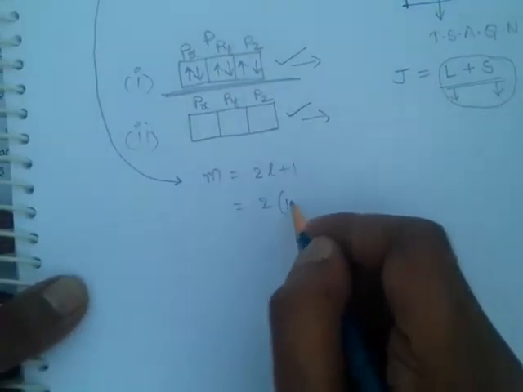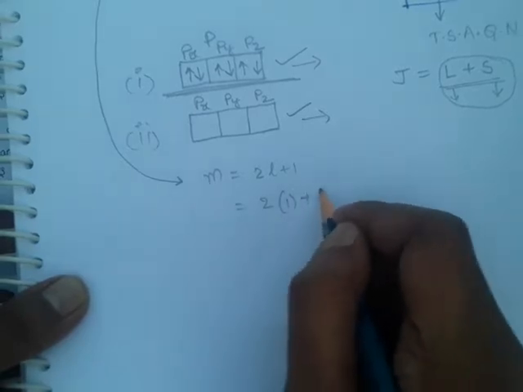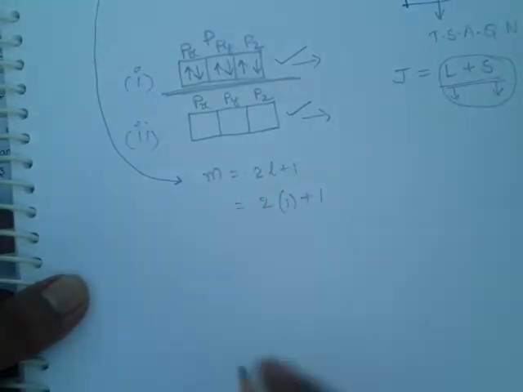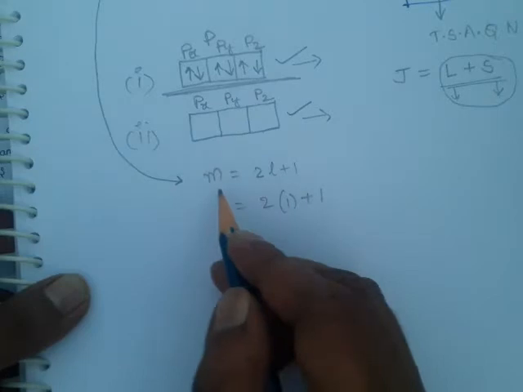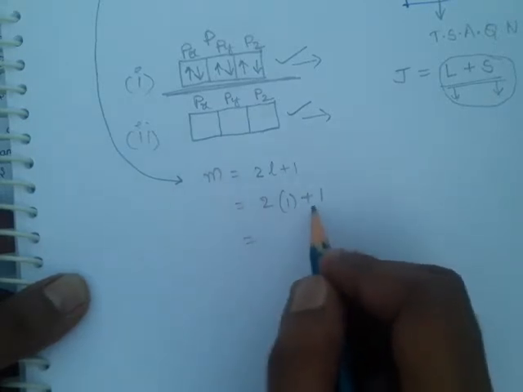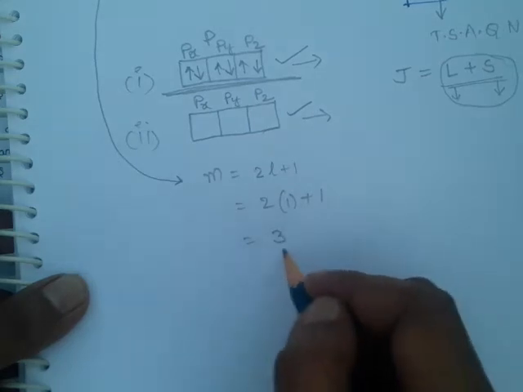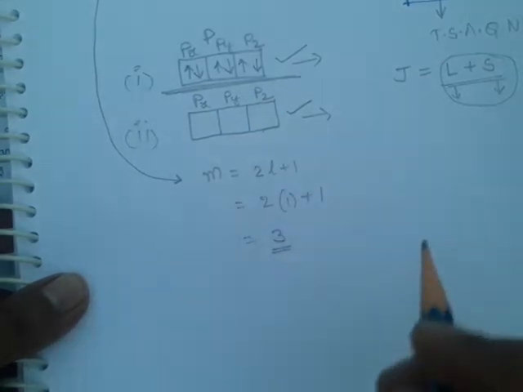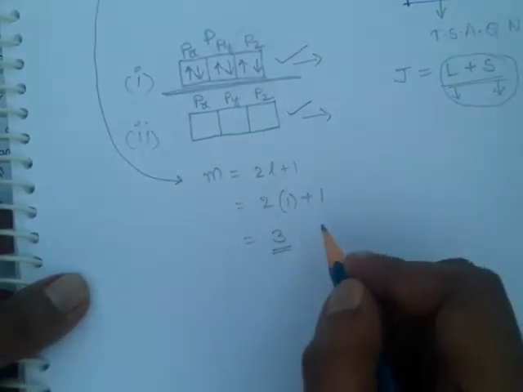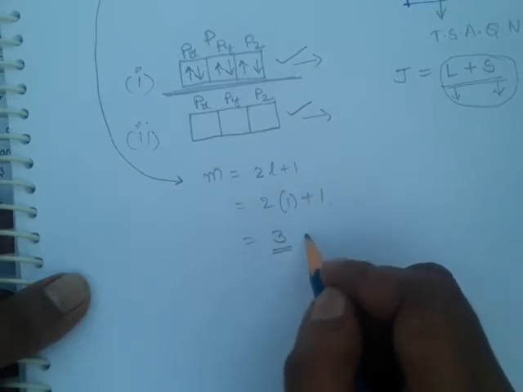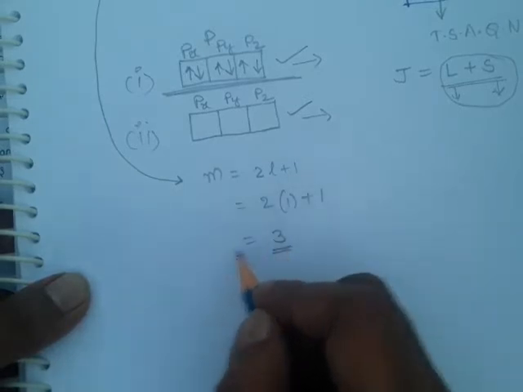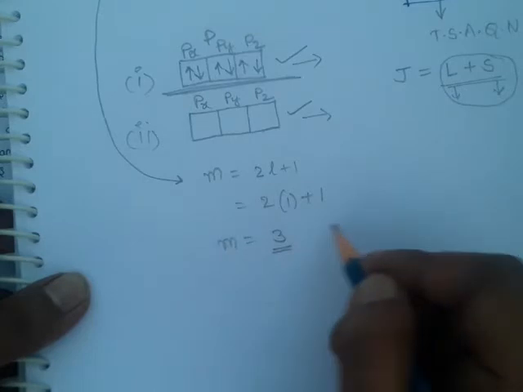So 2 into 1 plus 1, that is 2 plus 1, 3. So 3 magnetic quantum values are there. So for p orbital, m is equal to 3.